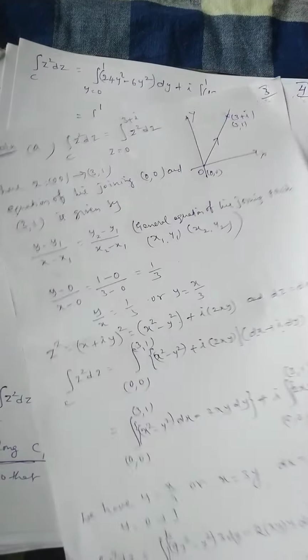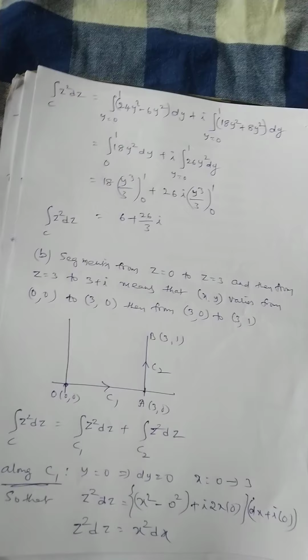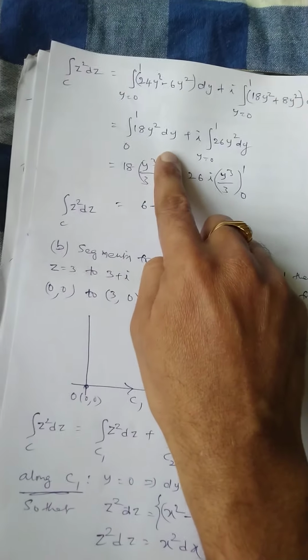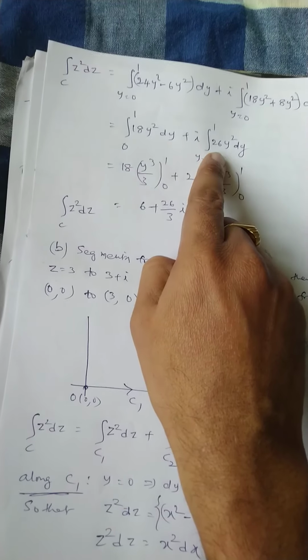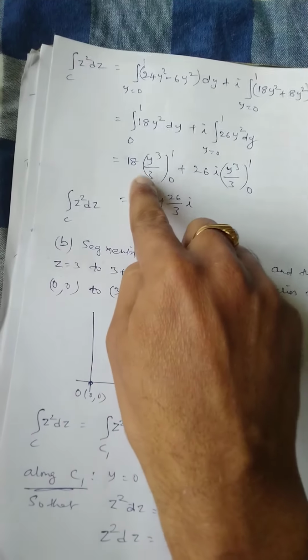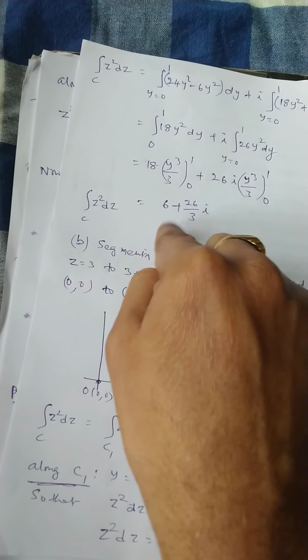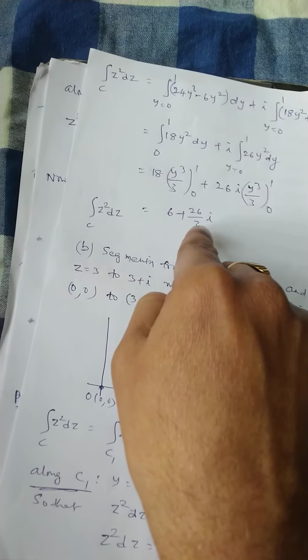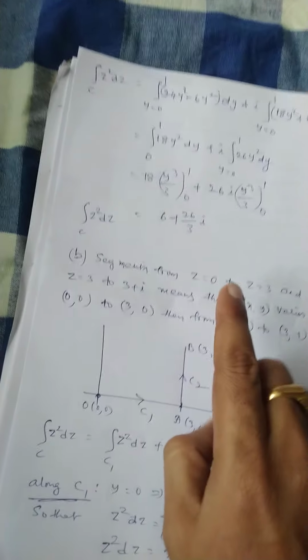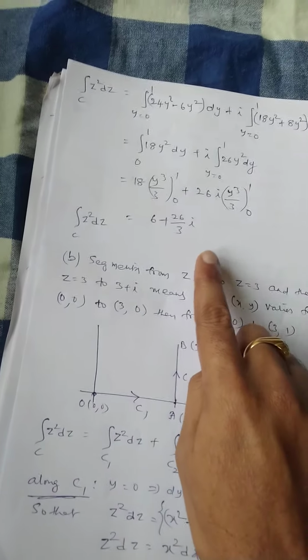It is just simple integration with the limits y equal to 0 to 1. This simplifies to the integral from 0 to 1 of 18y square plus i times 26y square. On completing the integration and substituting the upper and lower limits, you will get 6 plus 26 by 3 i. This is the first case, along the straight path from 0 to 3 plus i.